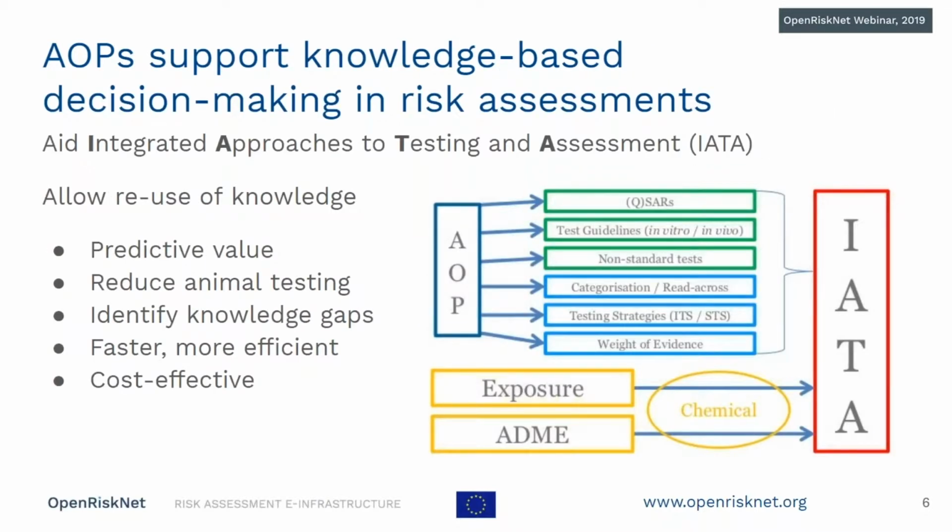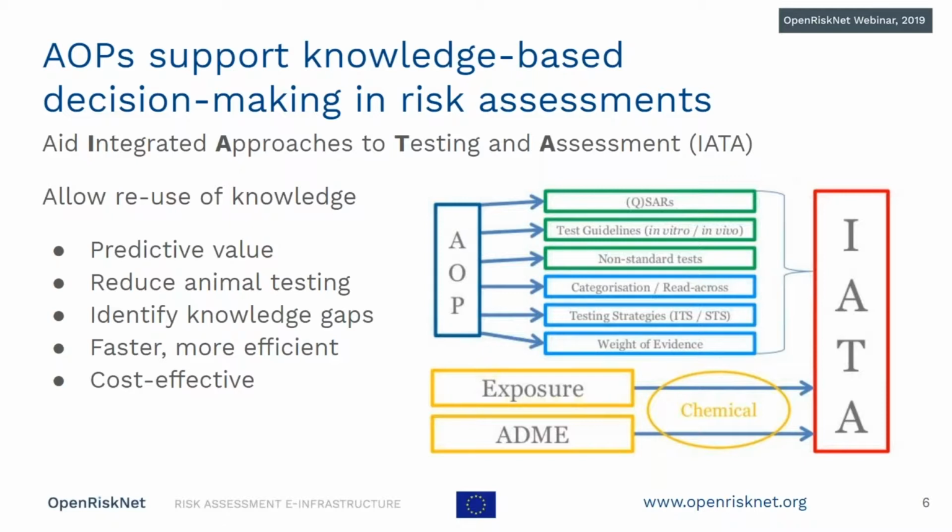How do AOPs fit in the risk assessment? Basically, they aid integrated approaches to testing and assessment, IATAs for short. They allow the reuse of information, the reuse of knowledge, the reuse of data. And this leads to more effective, quicker and cost-efficient risk assessment.